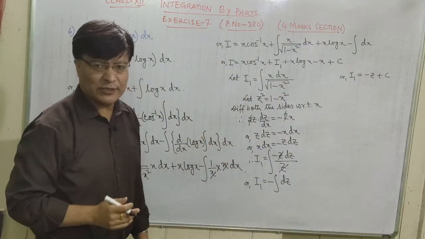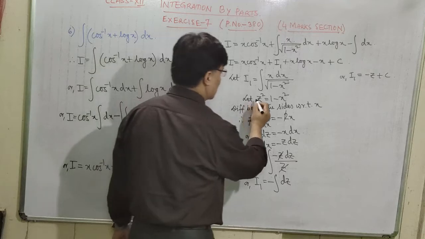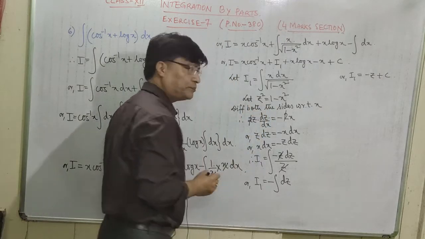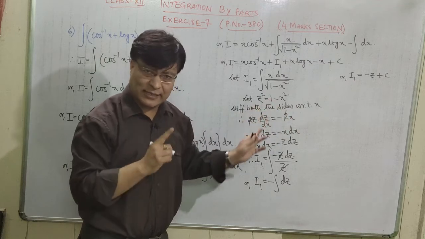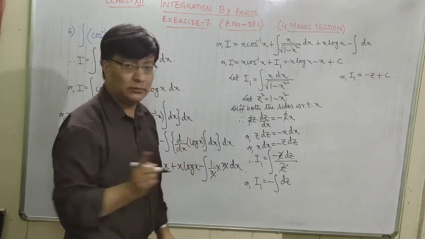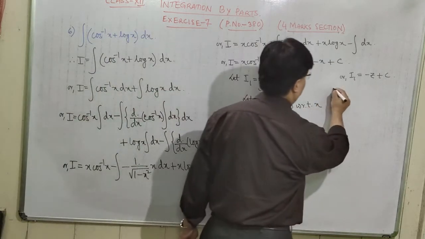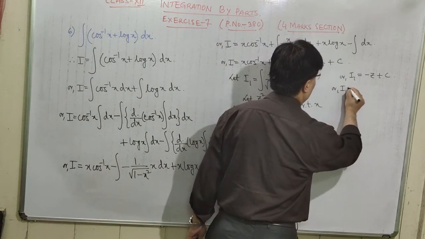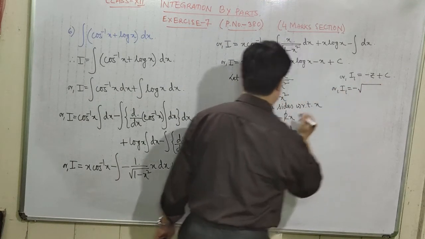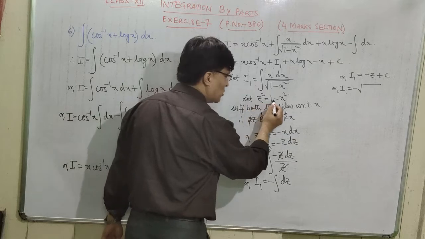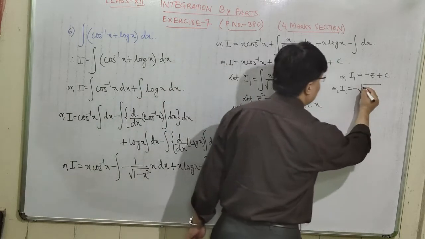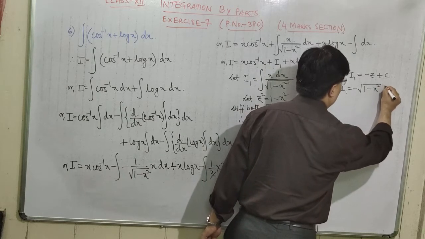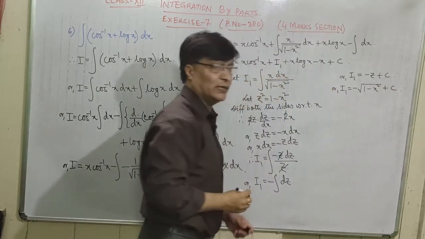Now we can put the value for z. What is the value for z now? Since z square is equal to 1 minus x square, the value for z is root under 1 minus x square. So I1 is equal to minus root over 1 minus x square, then you can write plus c.